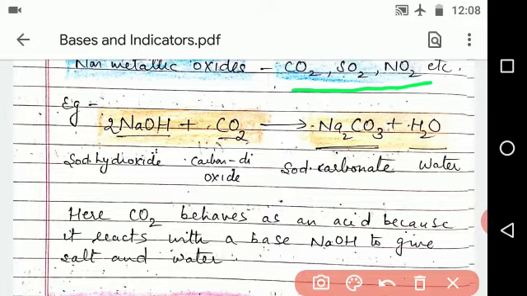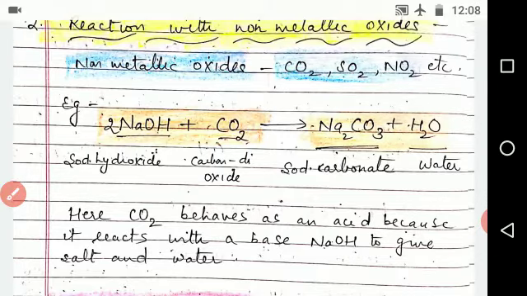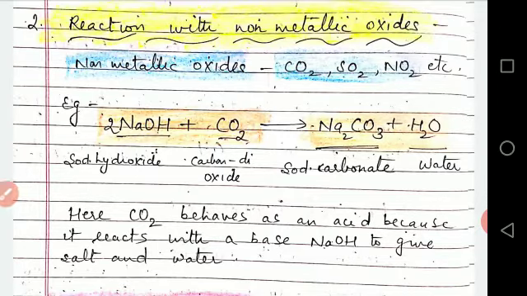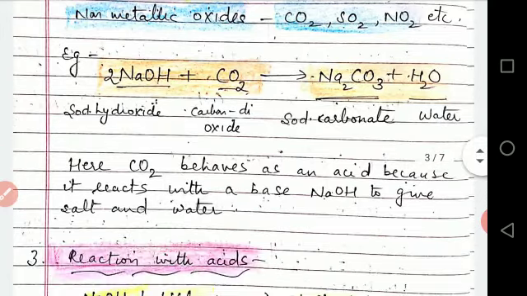Means when bases react with carbon dioxide, they form salt plus water. So, here the non-metallic oxide behaves as an acid because it can react with a base to give salt and water. So, we can prove that non-metallic oxides are acidic in nature.